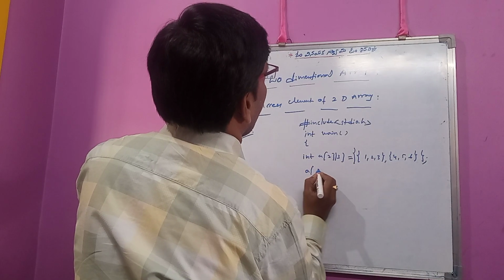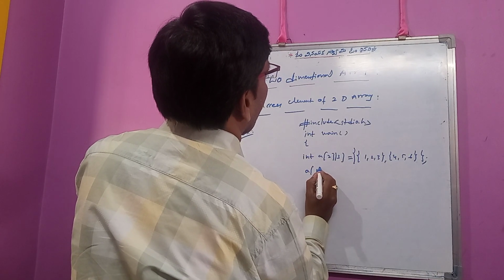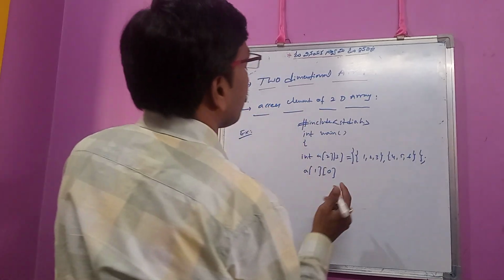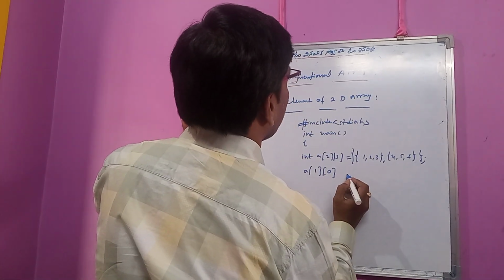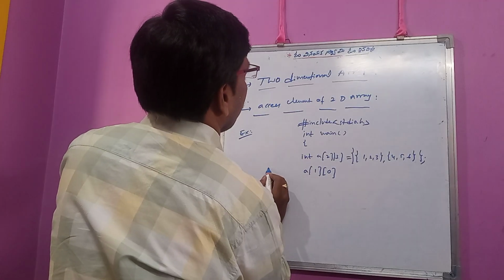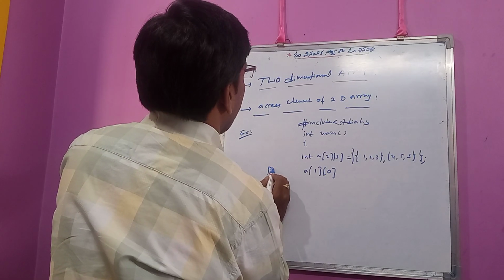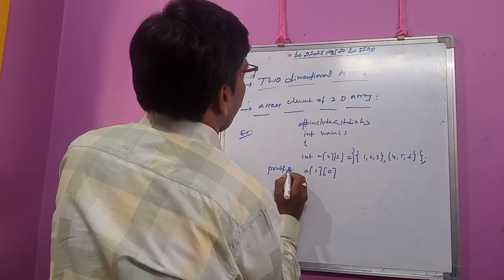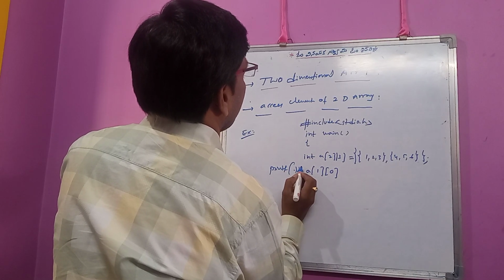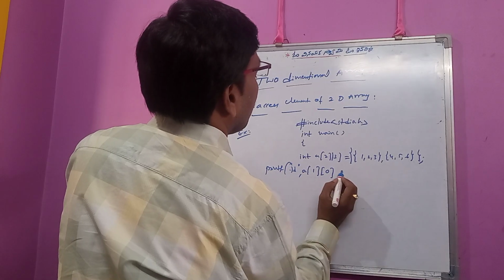A of 1, 0. printf, percentage d within quotation, comma, a of 1, 0.